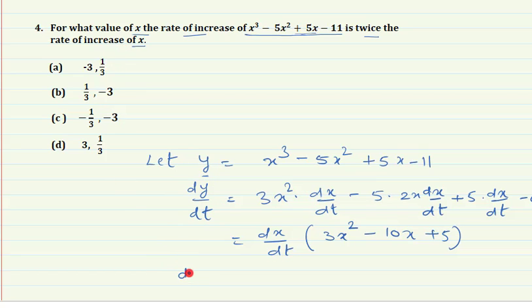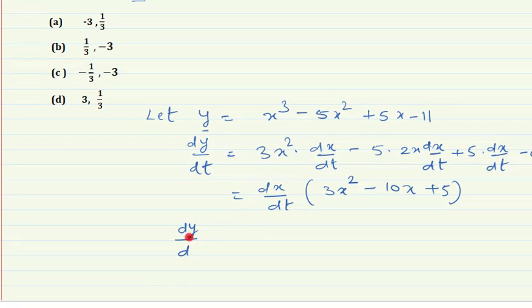So clearly, according to the question, dy upon dt is equal to 2 times dx upon dt. So let us put this value over here.